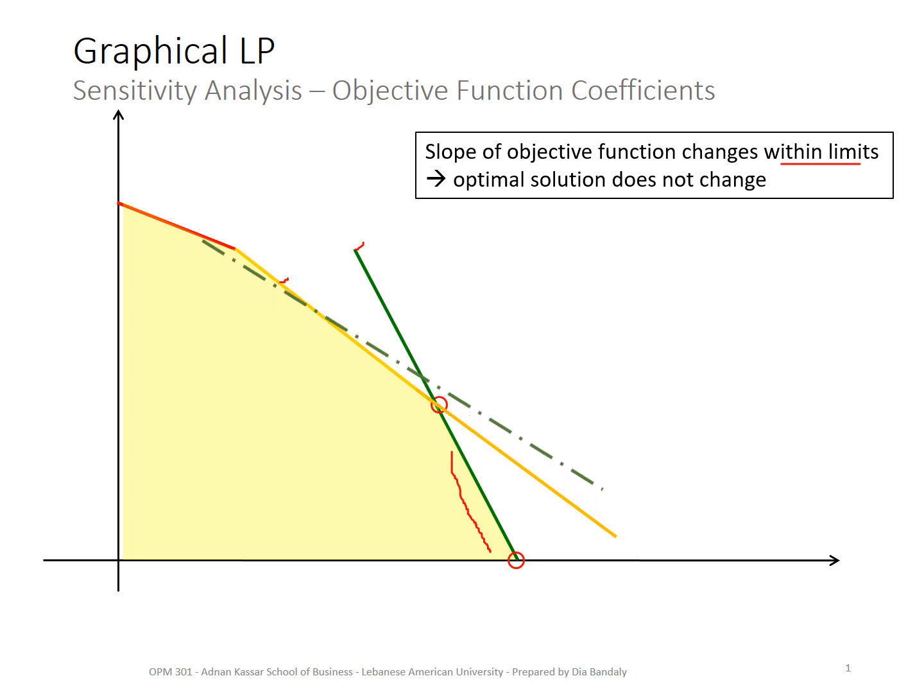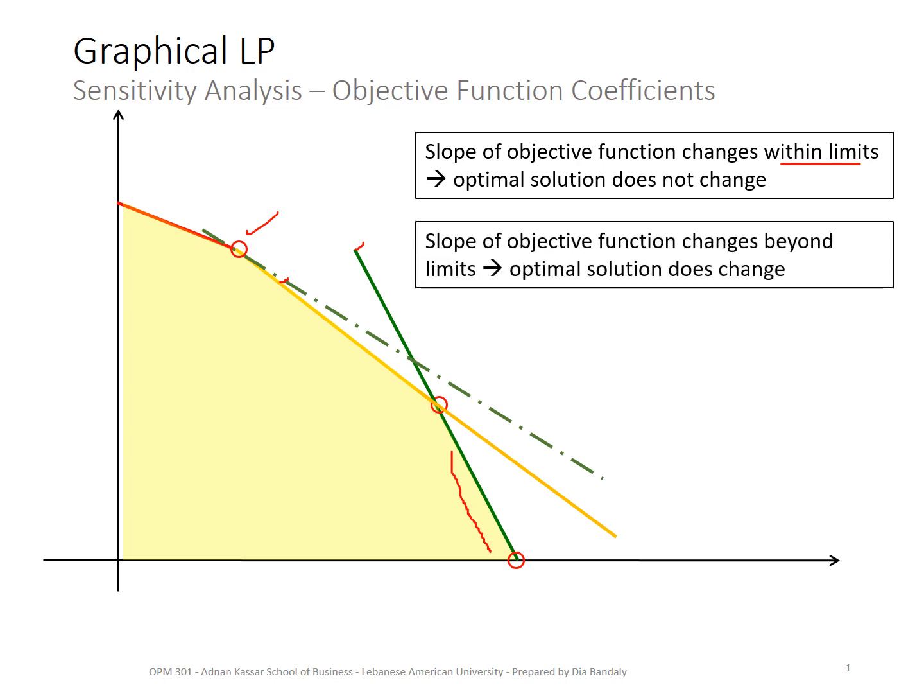I move it away from the origin until it touches a new point, and now this is my new solution. So what's the conclusion we can make? When the slope of the objective function changes beyond the limit, the optimal solution does change. This is a very important conclusion.